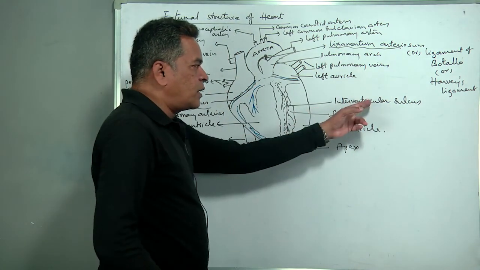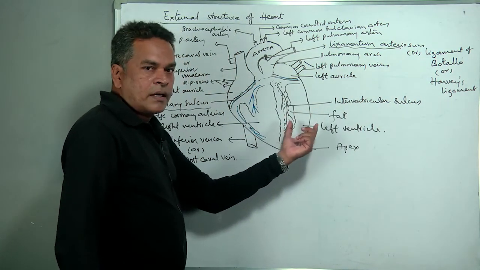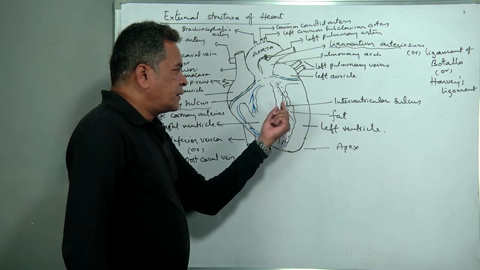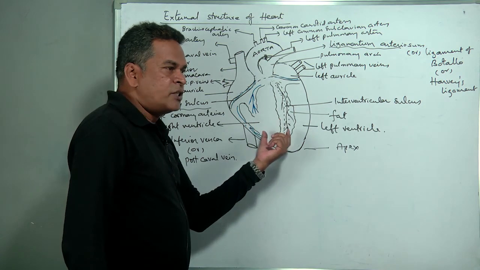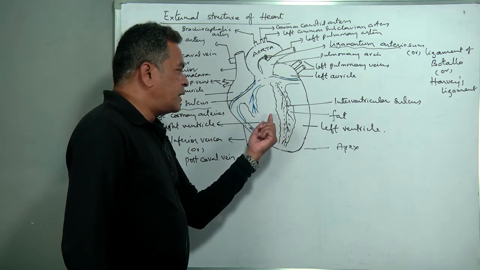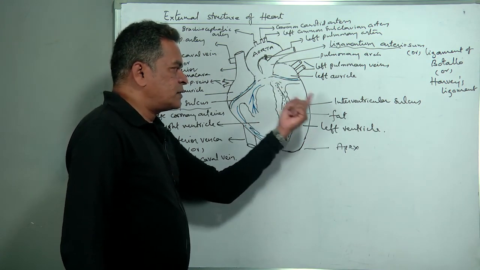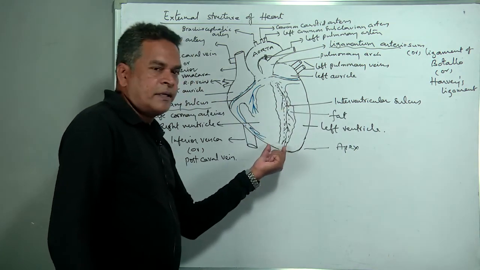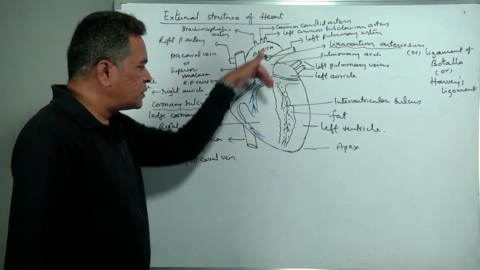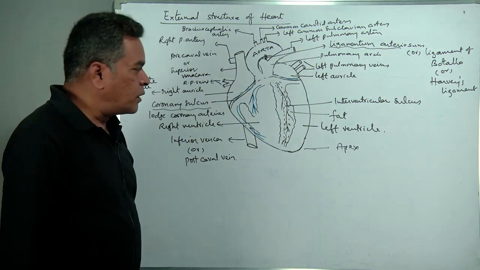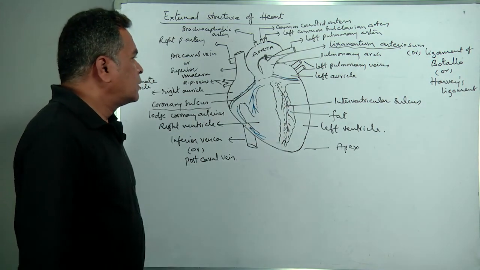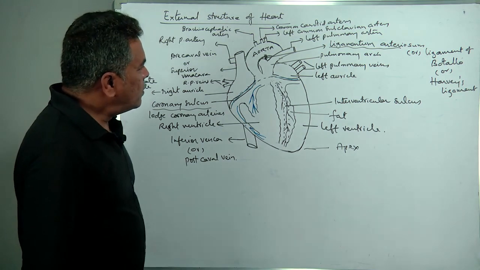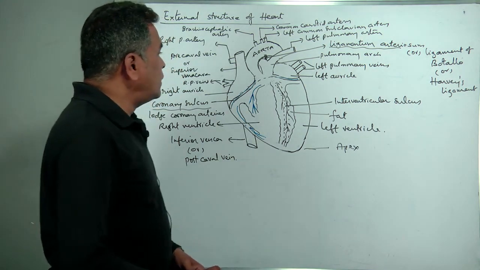The interventricular sulcus is a mark that indicates the partition dividing the right and left ventricles. It is a groove through which the coronary arteries pass. So this is all about the external structure of the heart.